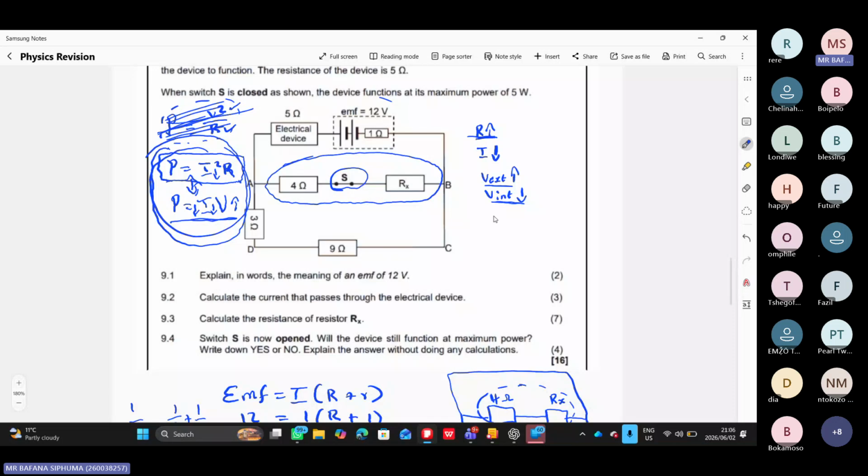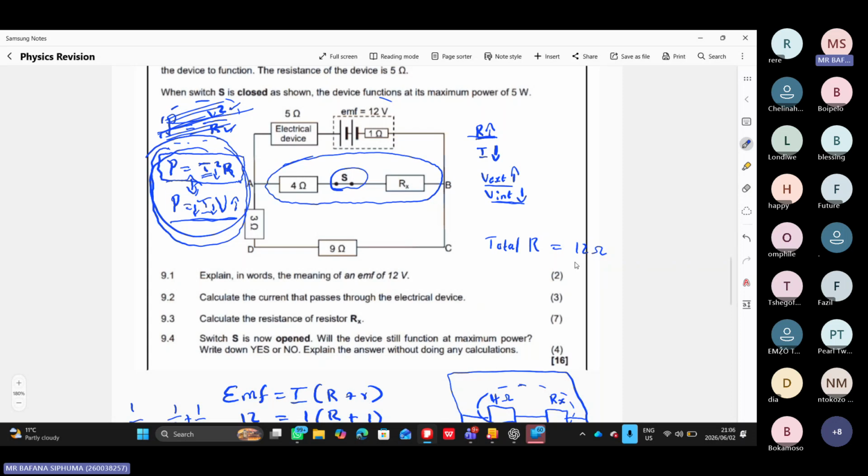For the current, it's going to decrease, but the total resistance now is going to be 12 ohms.